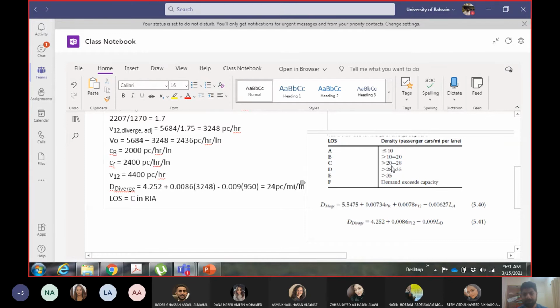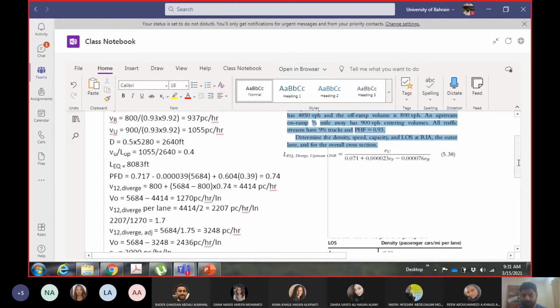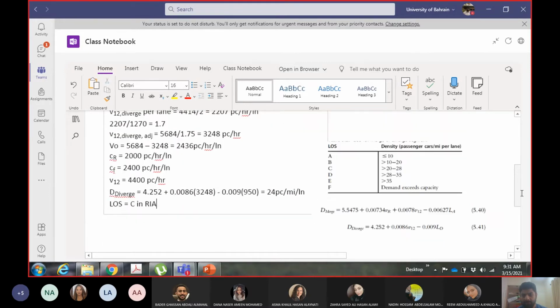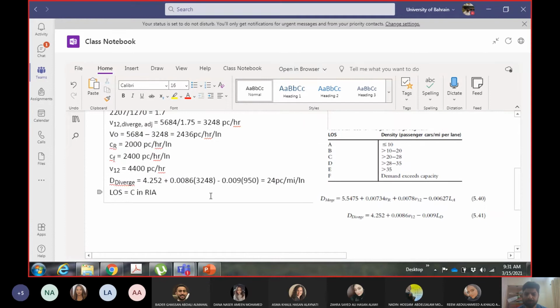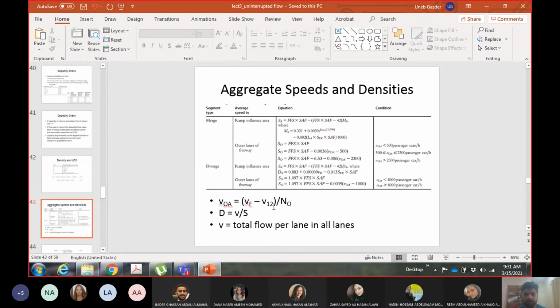Okay. Now we need to calculate the level of service and the other things for the other areas as well, right? Ramp influence area, the outer lane, and the overall cross section.